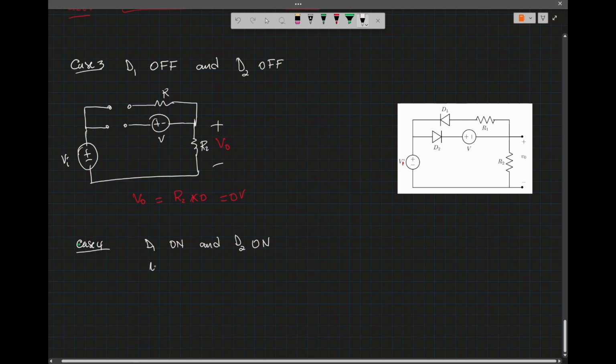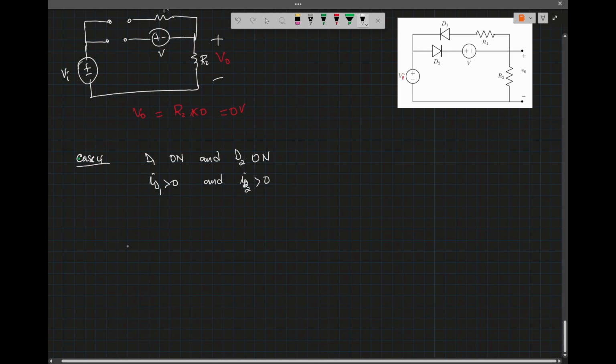So in that case, ID1 is positive and ID2 is also positive. Excuse me. So when I redraw the network, give me VI.